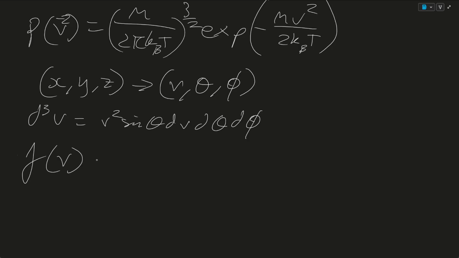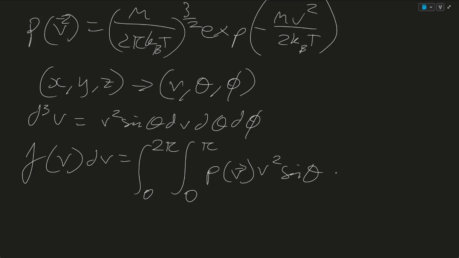F of v dv is, so now we're integrating over angles theta and phi to account for them. So that's the integral of p of v squared sine theta d theta d phi dv.